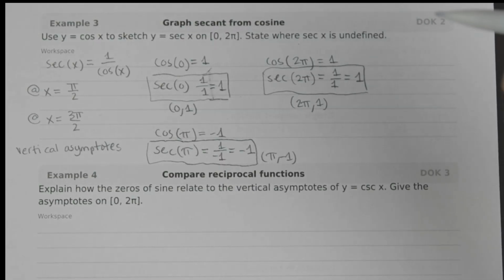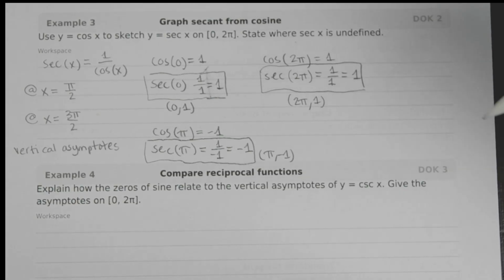So the secant graph has branches that sit above y equals 1 and below y equals negative 1.